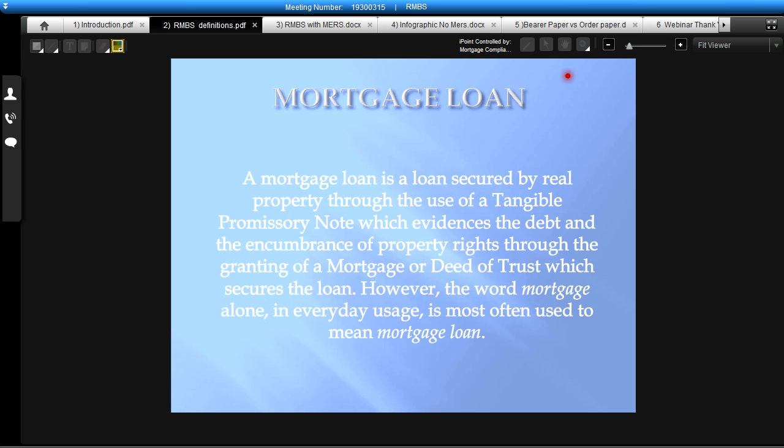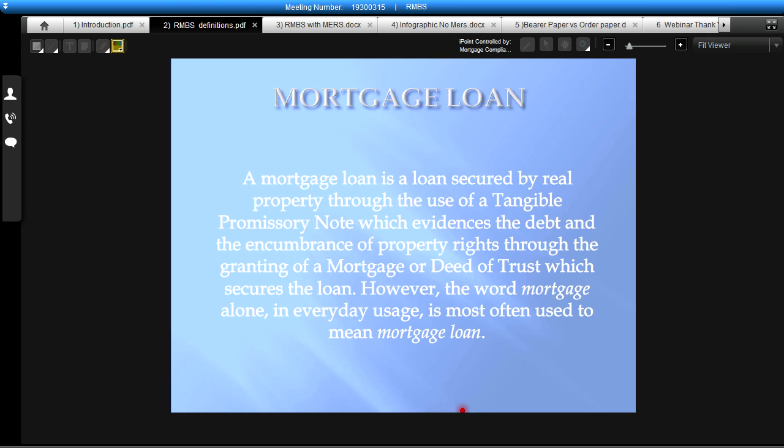However, the word mortgage alone in everyday usage is most often used to mean mortgage loan. So when they say, I have a mortgage, they're talking generally about a mortgage loan. Now, if you were in the state of Florida, you would have a security deed. So, again, generalization.